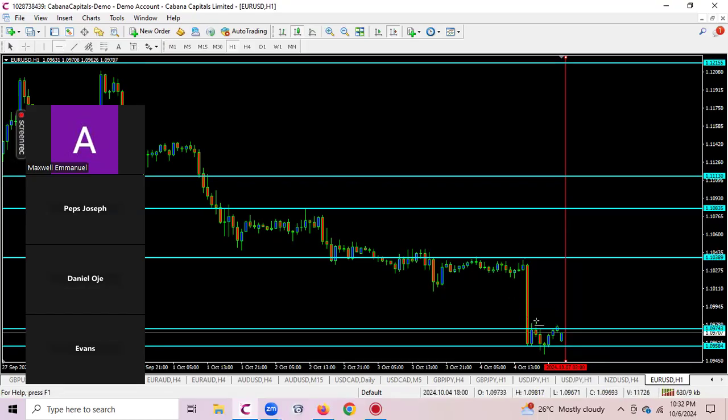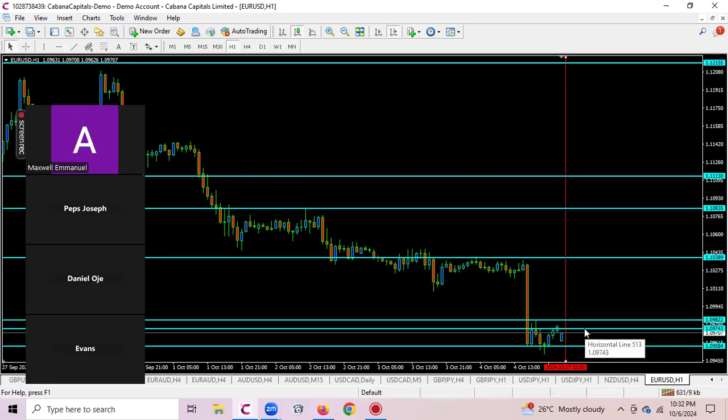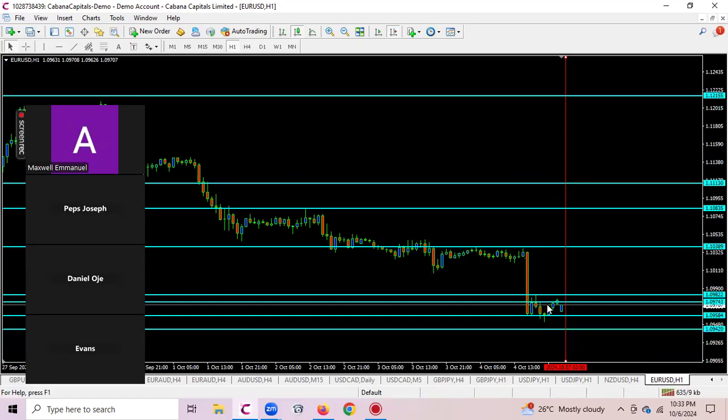If a 4-hour candle closes above this zone, I would go bullish on Euro USD.